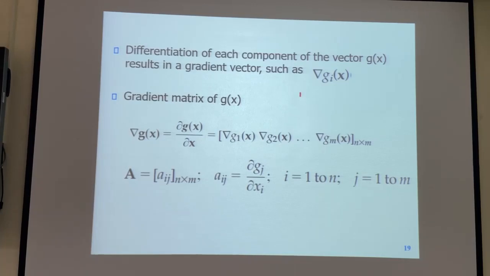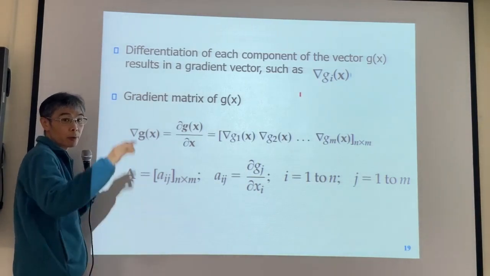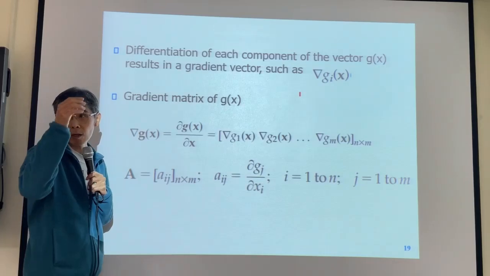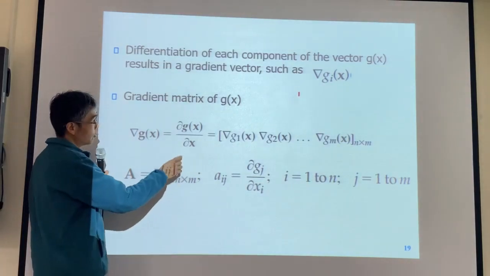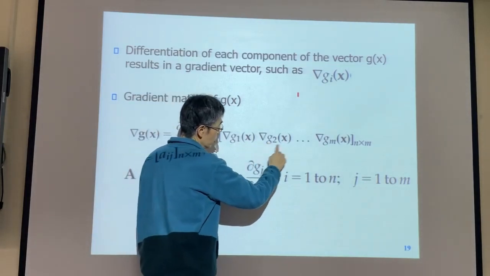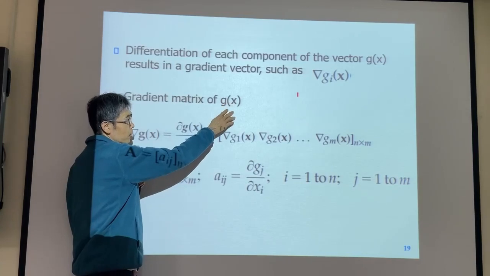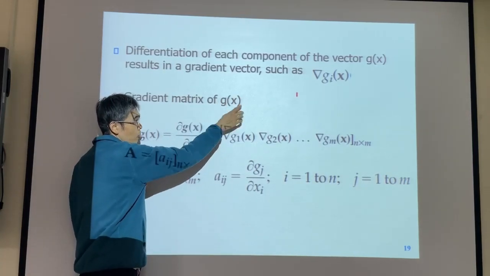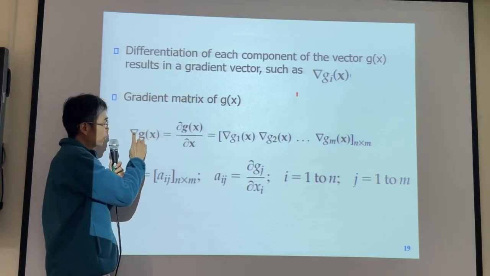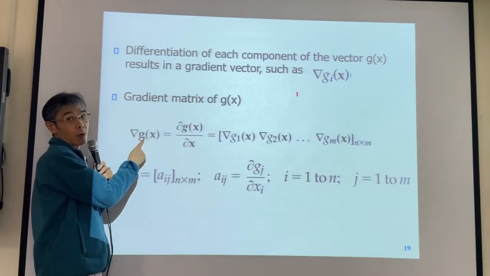Okay, another definition, gradient matrix. For one function, we have a gradient. But for this G, we have G1, G2, G3 to Gn. We have multiple functions. So the gradient matrix means, say, this is a row vector.